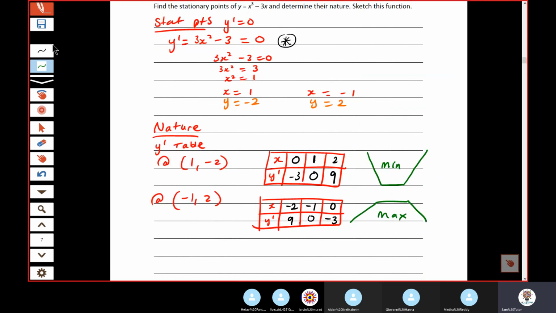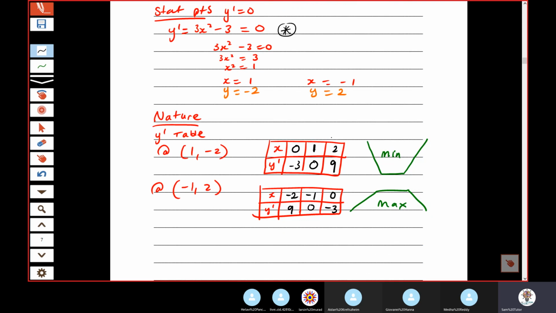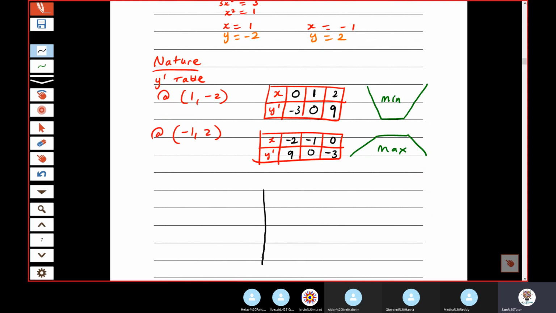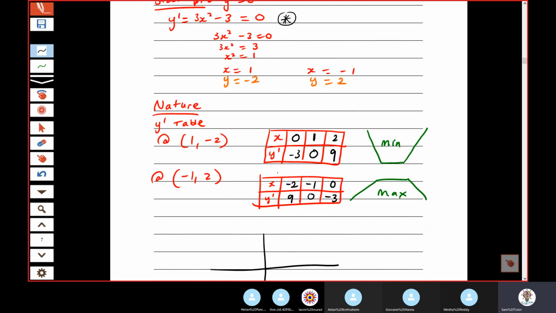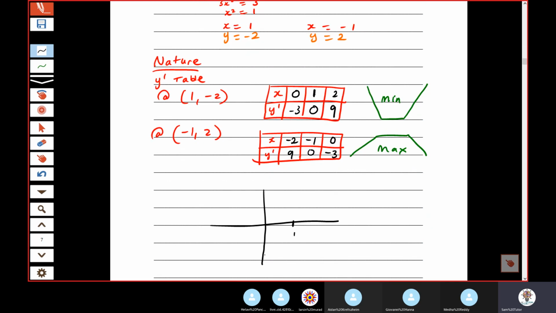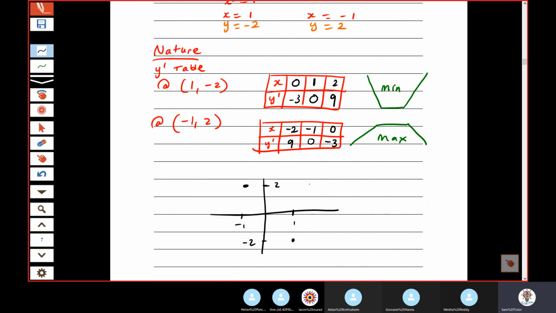Let me go back, and I think we just got to sketch, don't we? Sketch. 1 and -2. X is 1, y is -2, right there. X is -1, y is 2, right there. And you can see it kind of makes sense.